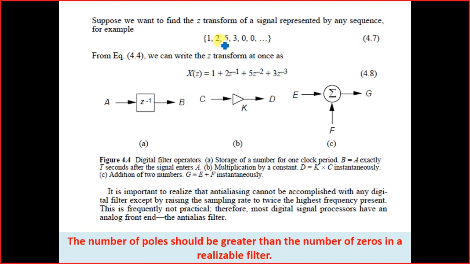As I already told you in the beginning, if we have a sequence of numbers, we can convert that sequence of numbers into an equation which gives us information about the signal in the Z domain, which is a complex domain.